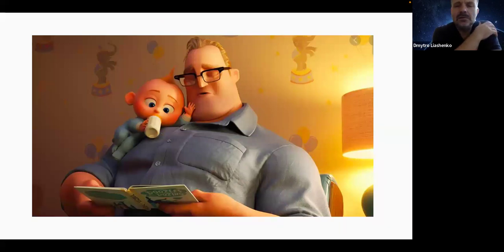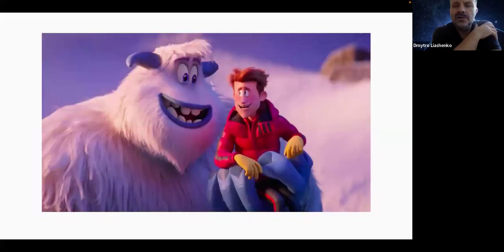Dad and son, big and small, Yeti and tourist. However, the importance of this boy in the hand of Yeti probably is a color.